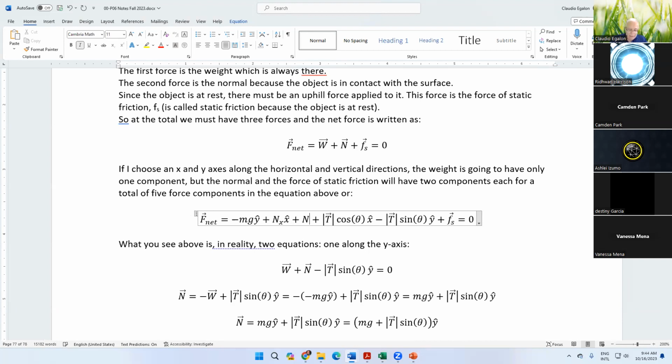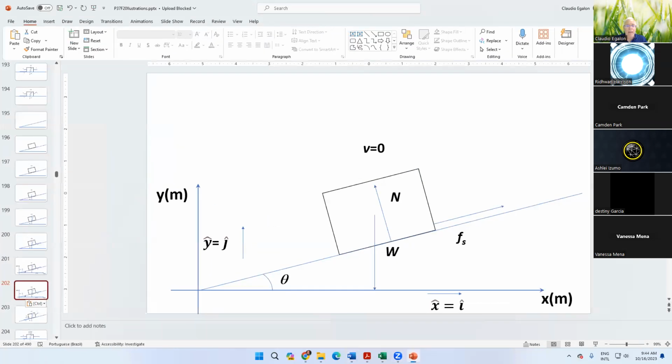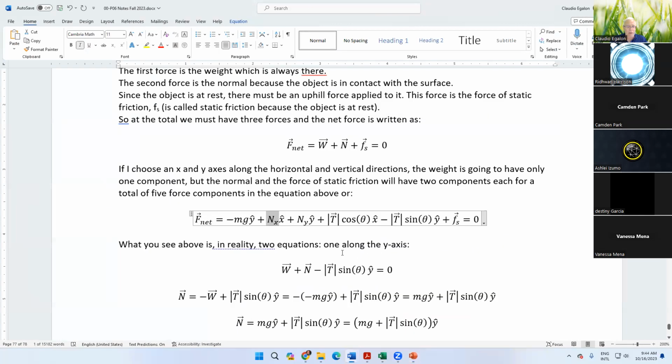N sub y. N sub x and N sub y may or may not be negative, right? Make sense? So this N sub x, according to my drawing here, must be negative because the x component is to the left. The y component is upward, so consequently the N sub y is going to be positive.